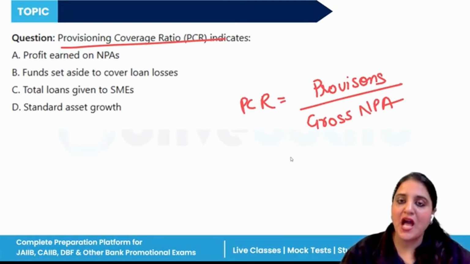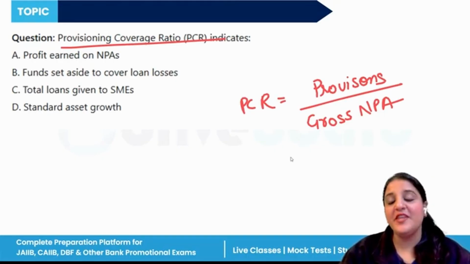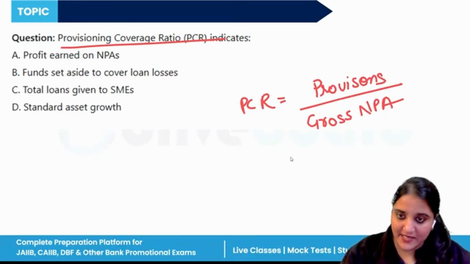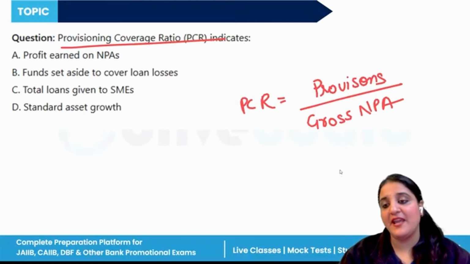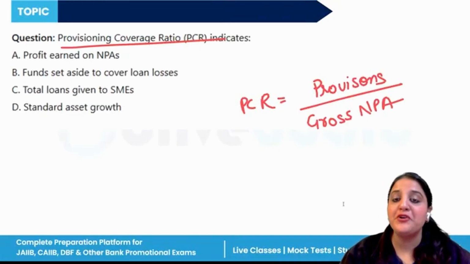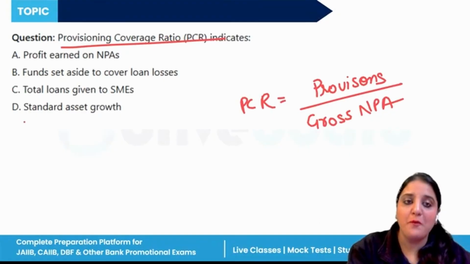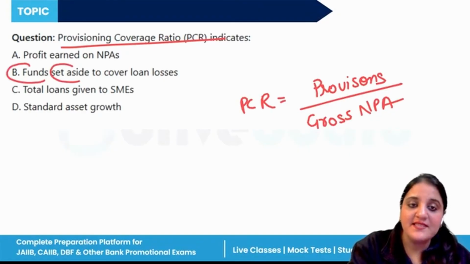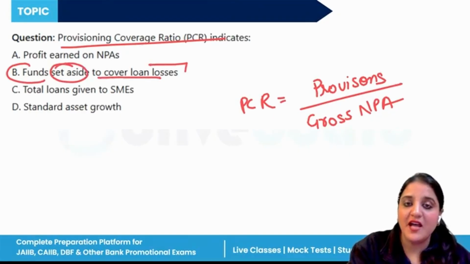PCR shows how much provision the bank has kept aside relative to its NPAs to absorb potential losses. So the correct answer is option B, funds set aside to cover loan losses.